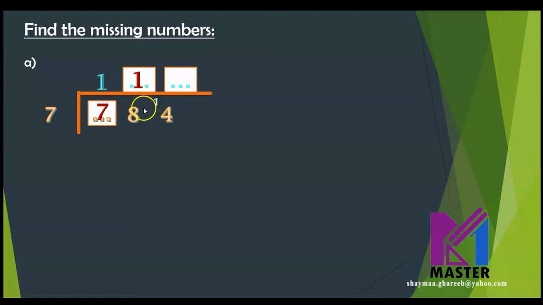Now I will go to the last digit, but this time it will be number 14. This one and the 4 together, number 14. 14 divided by 7 equals, yes, 2. How many 7s are there in the 14? 2. Let's see one more example.